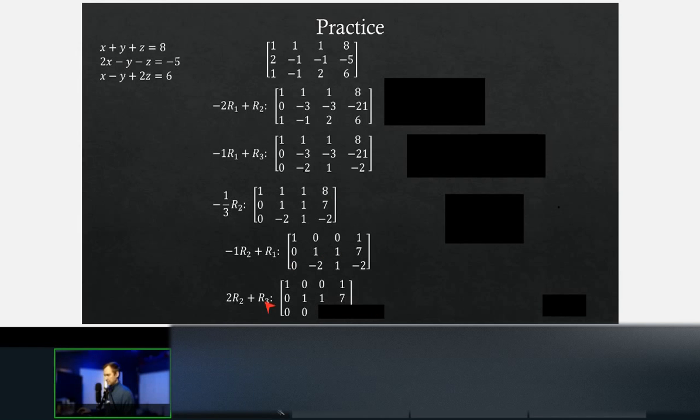Right, and then we are going to do, okay, I see you in chat saying that you see your mistake, and that's good. We're doing 2 times 1 is 2, and then 2 plus 1 gives us 3.